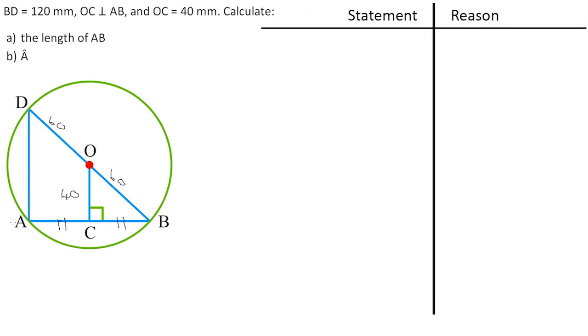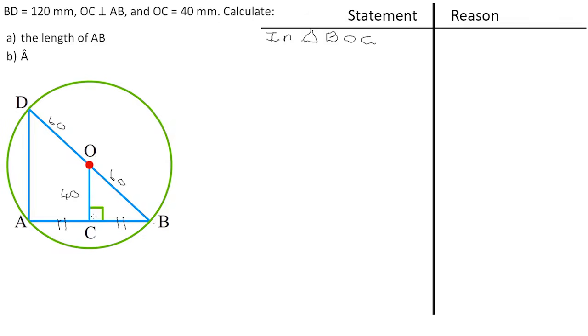So let's start solving this problem. First thing to note is to identify the triangle. We start with a statement by saying in triangle BOC, this is a right angle triangle. I need to find the value of one of the right angled sides, so I will subtract.